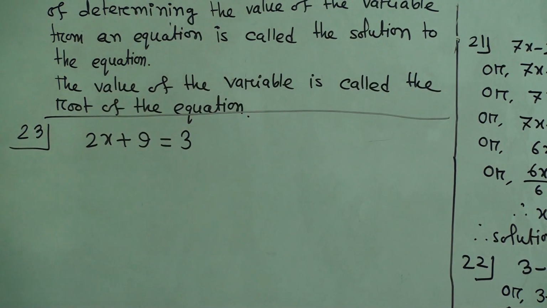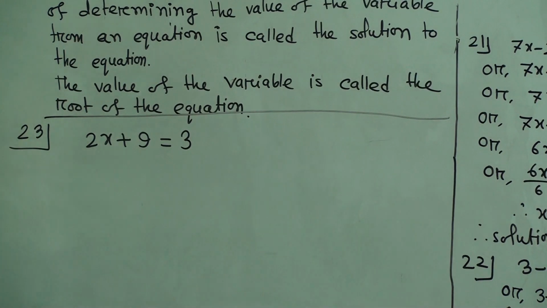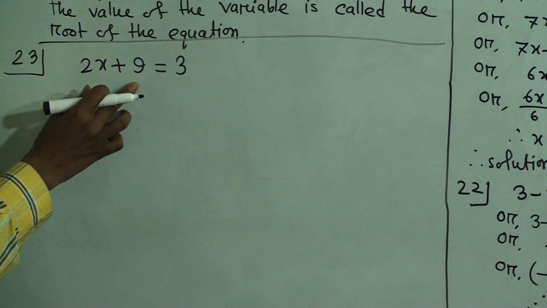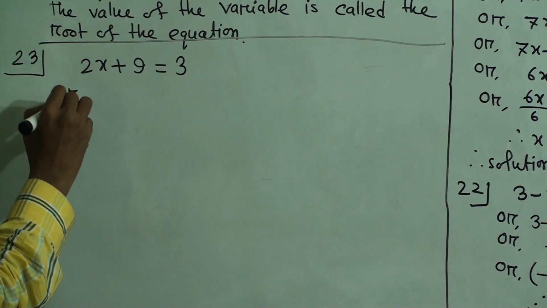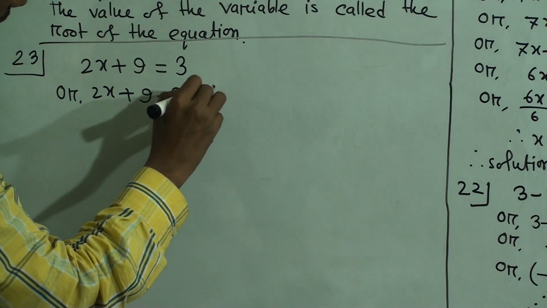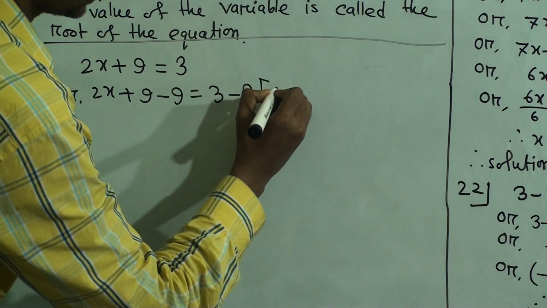Okay, this is question number 23. 2x plus 9 equal to what? 3. Okay, now this is plus 9, so you have to subtract 9 on both sides, this is equal to what? 3 minus 9. Okay student, right?